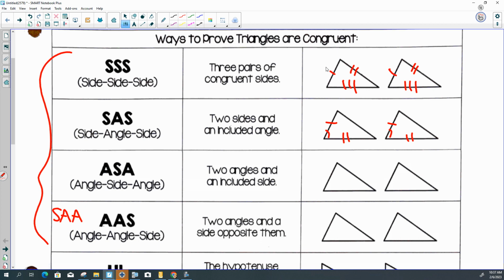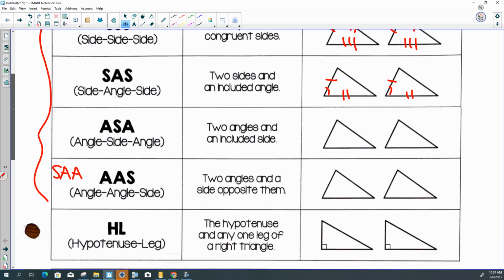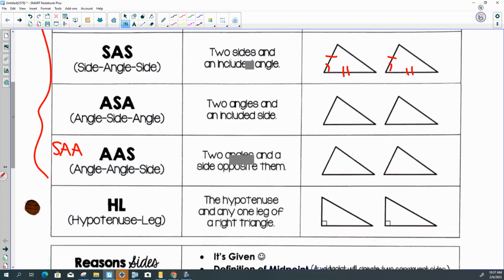All right, the next one. Another way that you can prove 2 triangles are congruent without knowing all 6 parts. And when I say 6 parts, I mean congruent side, another congruent side, another congruent side. A congruent angle, another congruent angle, another congruent angle. You don't have to show all 6 things. It could be an angle, the side in between it, and then a second angle.